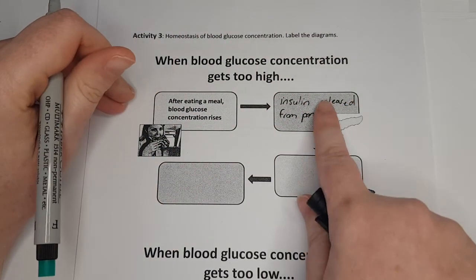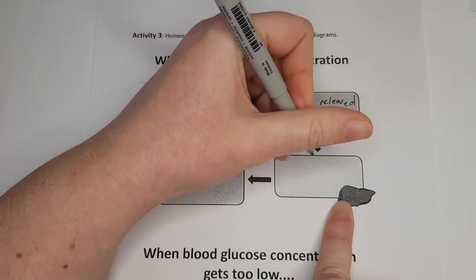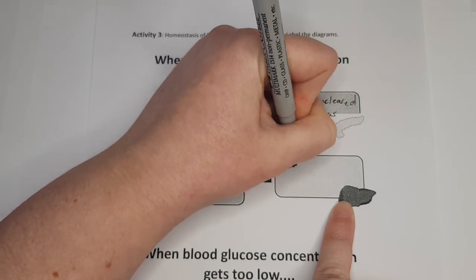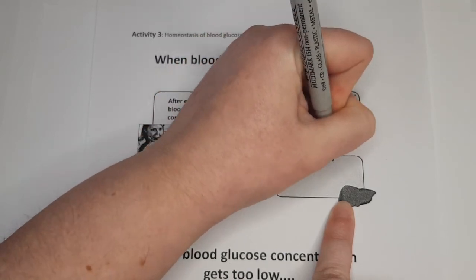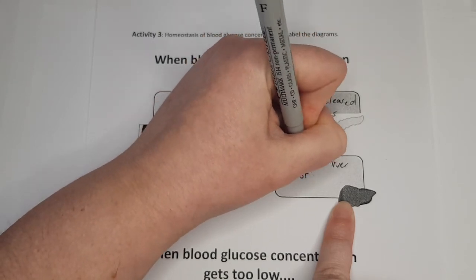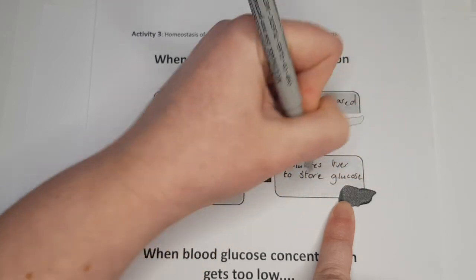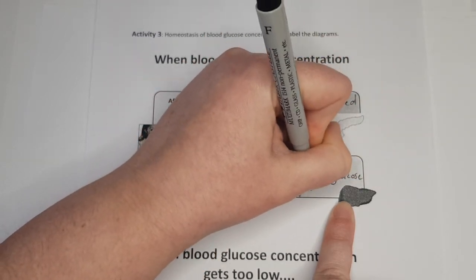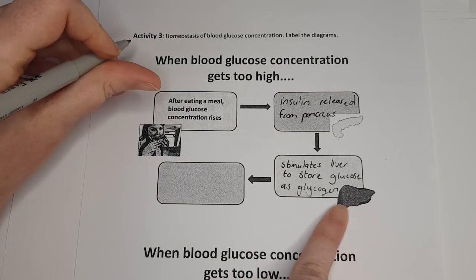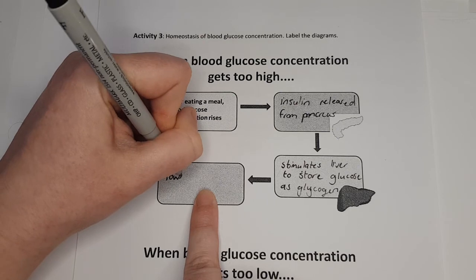That then travels to the liver, and it stimulates the liver to store it as glycogen. And now once it's stored as glycogen, the blood sugar gets lowered.